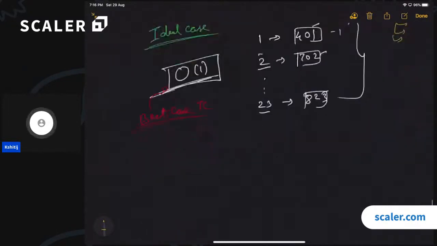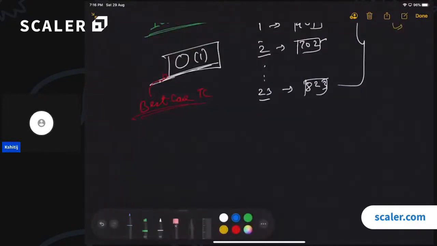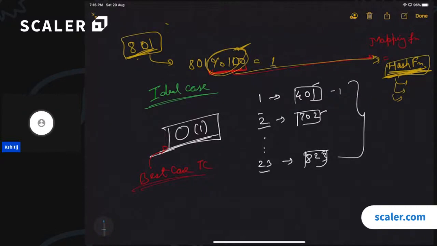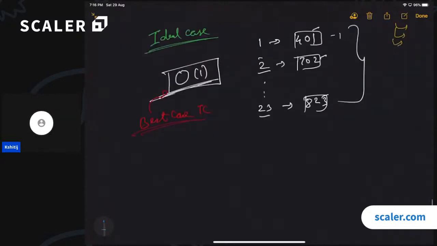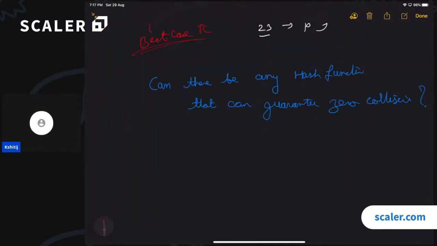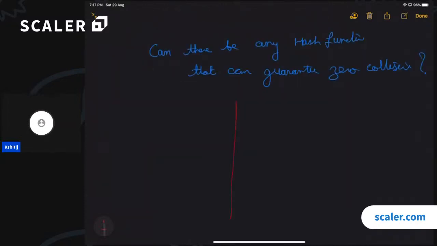Okay, cool. Now, if I write one of the best hash functions, even the best possible hash function currently present in this world, can I say that that hash function will guarantee zero collision? Can there be any hash function which can guarantee zero collisions? No way. Why not? You have a very big range of numbers, right? You have to map numbers from, let's say, 0 to 1000, and you have only 100 slots. Are you aware of the pigeonhole principle?